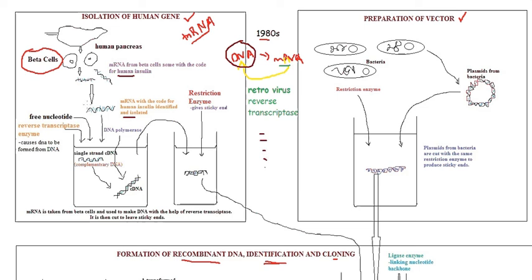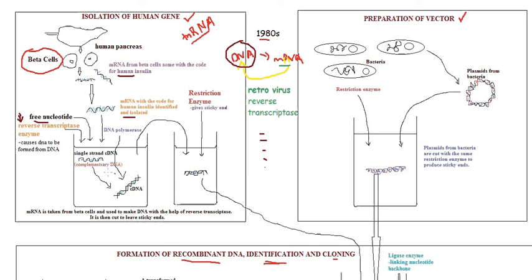Then we add the reverse transcriptase enzyme, and we also add some free nucleotides, because once we get one strand of DNA, it will pick up the free nucleotides and form another strand.